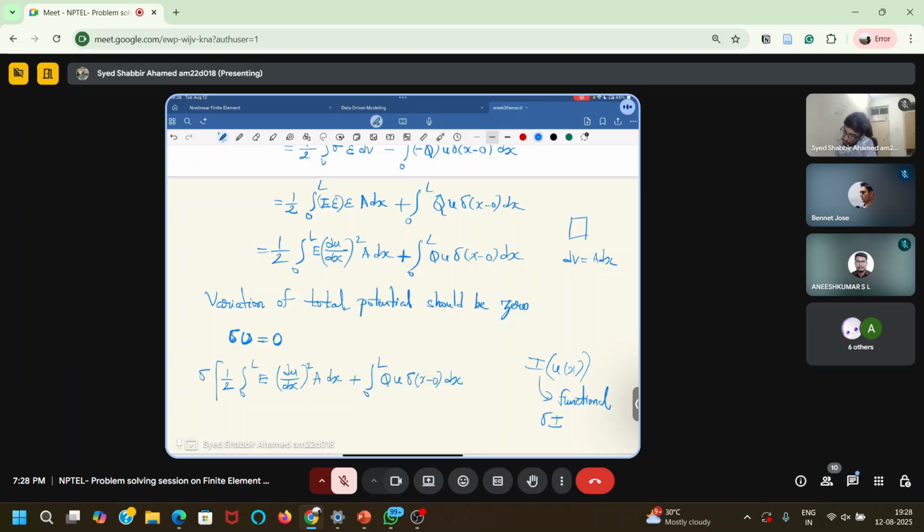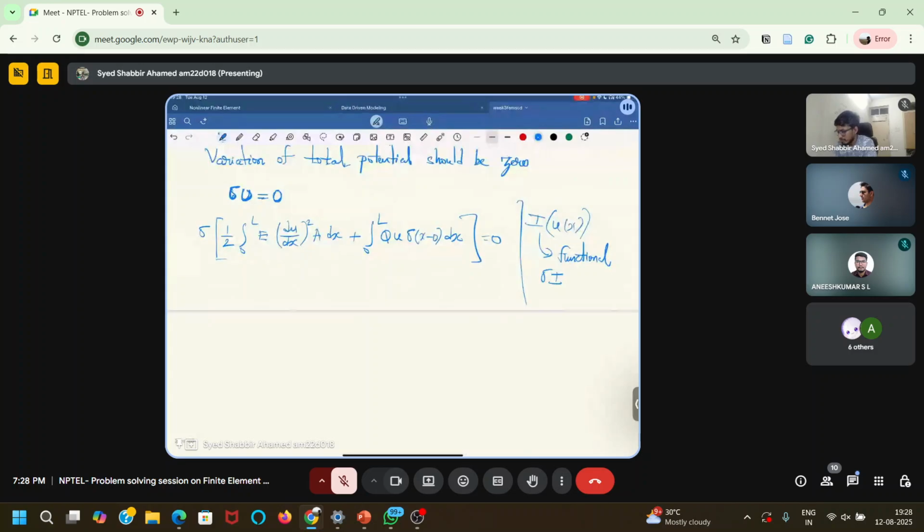This is my U, whatever we have found is equal to U. So for whatever solution I choose, the variation of U should be equal to 0. Now I will apply variation, because this is a linear operator.